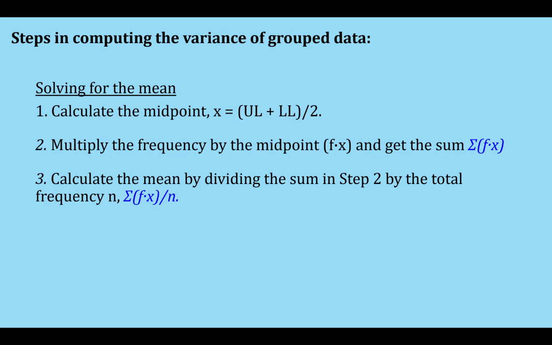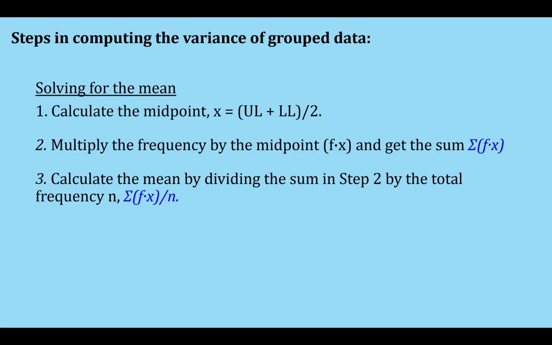Now we have the steps in computing the variance of grouped data. The first one is to solve for the mean. So calculate the midpoint because we have here an interval already. So x would be upper limit plus the lower limit divided by 2.